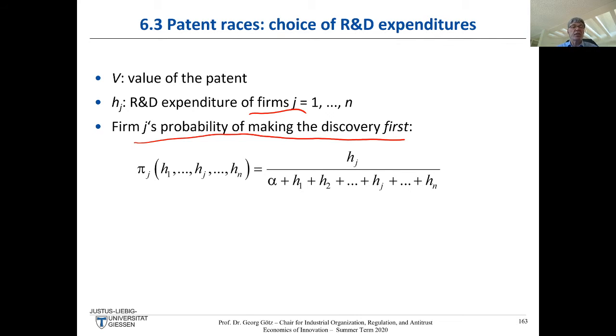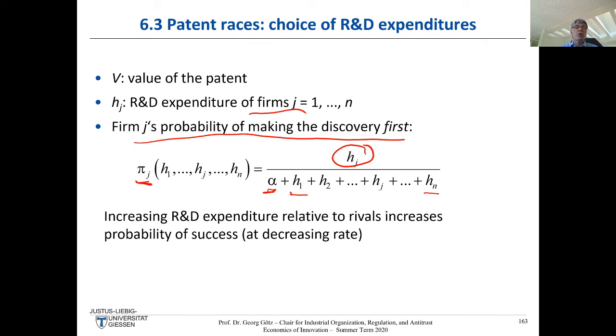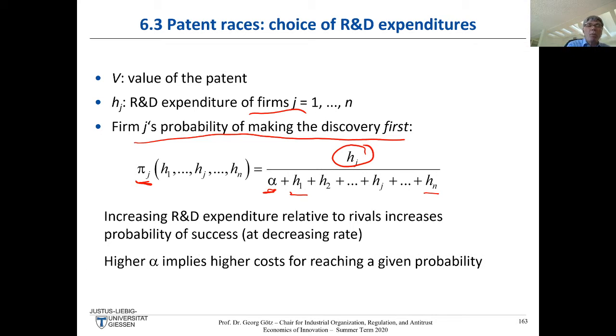Okay, so what does all this mean? This pi j is a probability. It depends on how much our firm j invests in R&D and on how much the other firms invest in R&D. And it depends on some factor alpha, which determines how complicated it is to reach a success anyway.